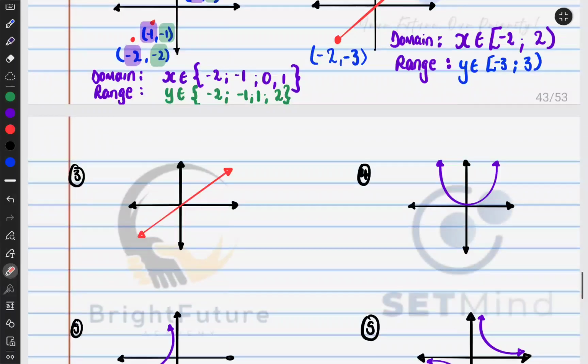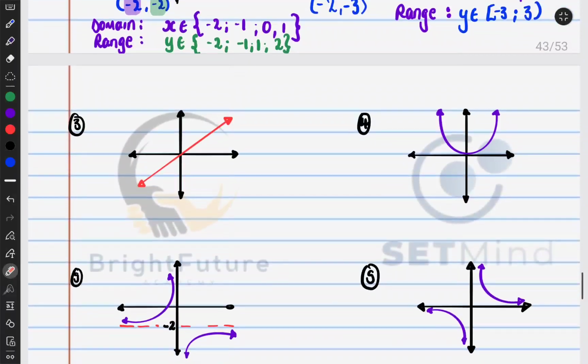Hopefully that makes sense. Okay, and then here we are now. These are continuous functions, the domain and range. So for this function, if the function has arrows like this, it means that the function continues to infinity in this direction and also in this direction, as it also continues infinitely for the y values.